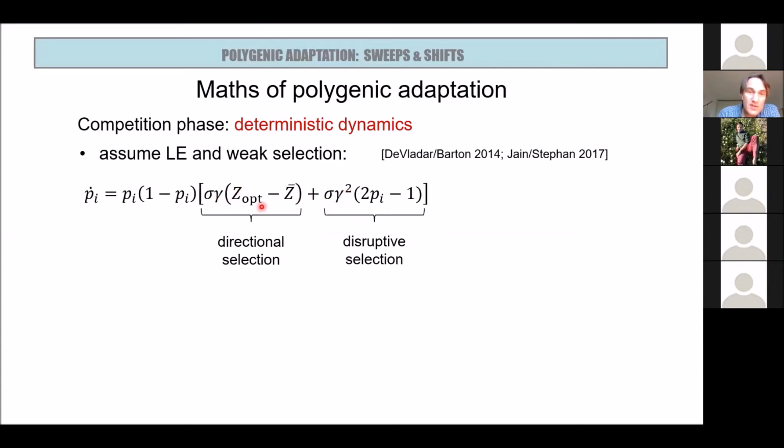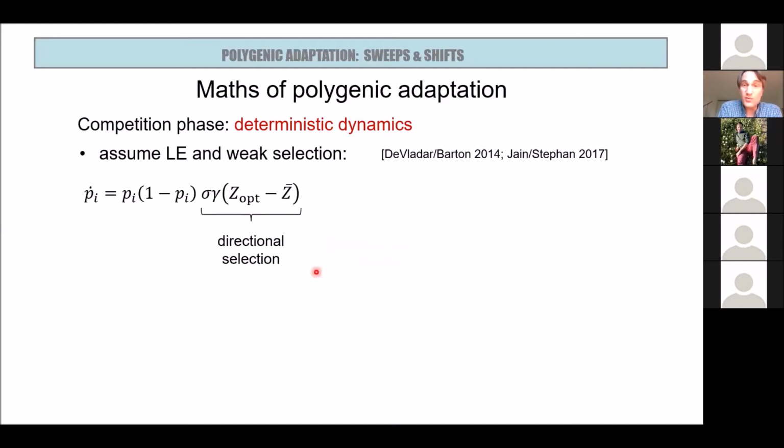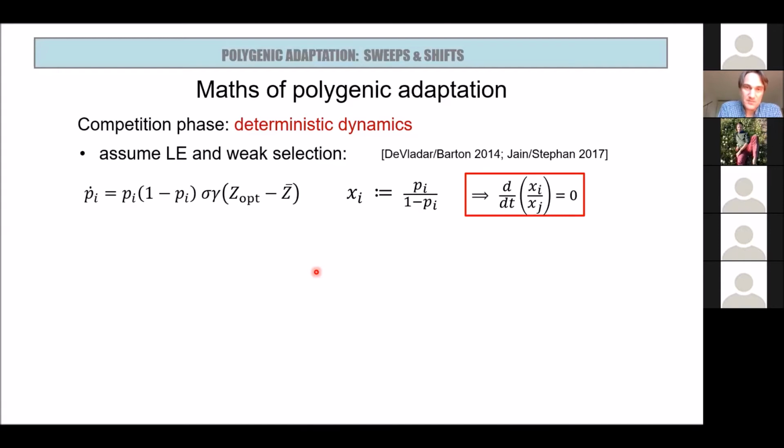So if this parenthesis is much larger than this gamma, which means that the distance from the trait mean to the optimum is still much larger than the single locus effect, then we can usually disregard this second term. And this is what we will assume from now on, right? And then we have a model of directional selection.